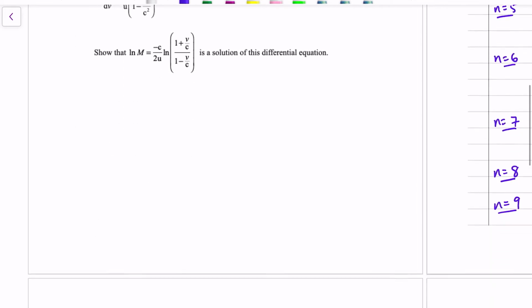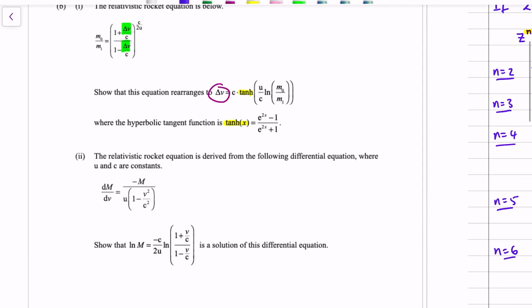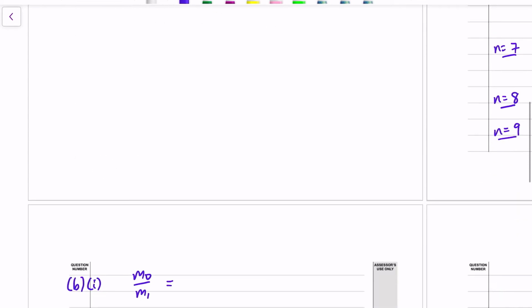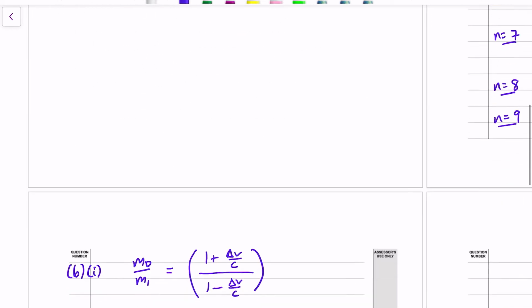So m0 over m1, the ratio of two masses, 1 plus delta V over C, all divided by 1 minus delta V over C to the power of C over 2U.